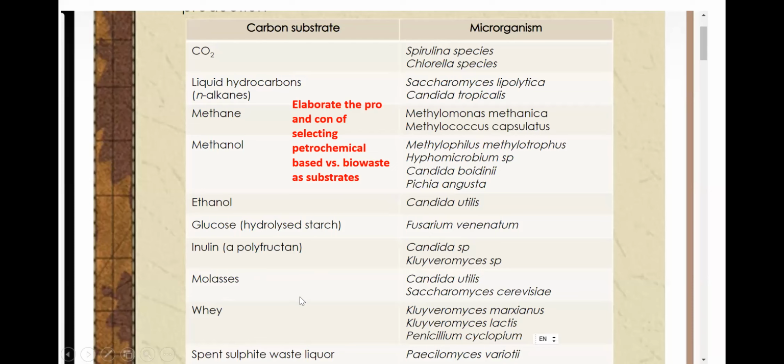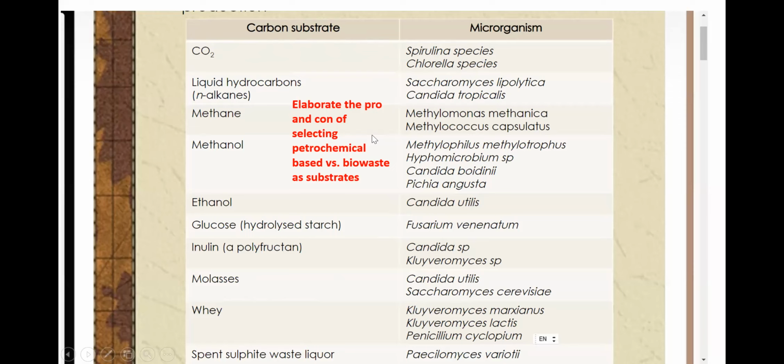These are the common substrates that have been used in the industry, and these are the microorganisms involved. So as you can see, quite easy to remember. For algae, it can use CO2 as the carbon substrate.